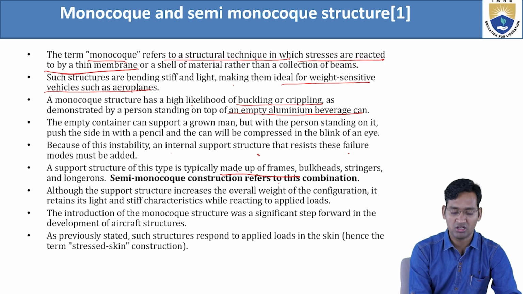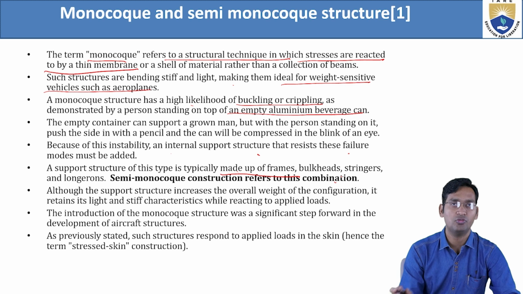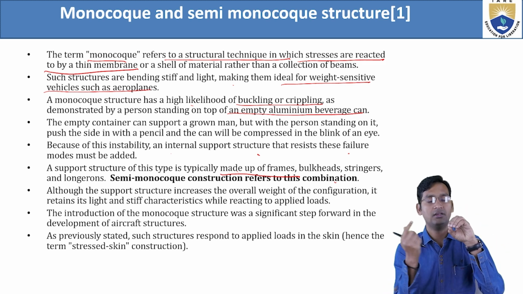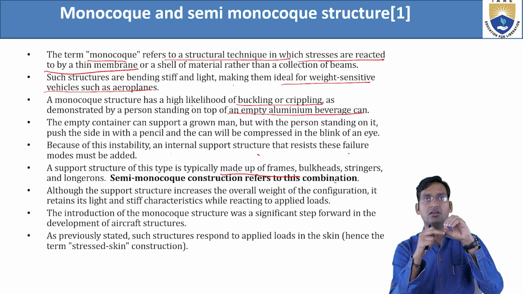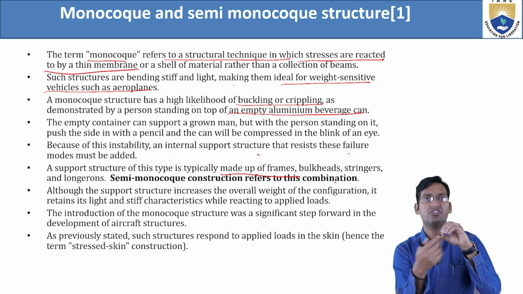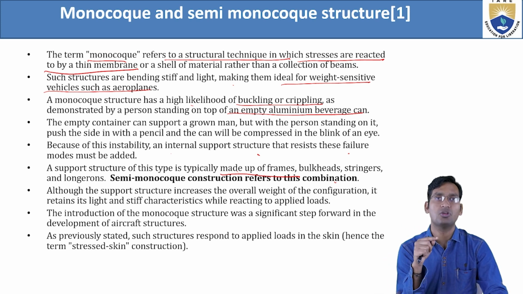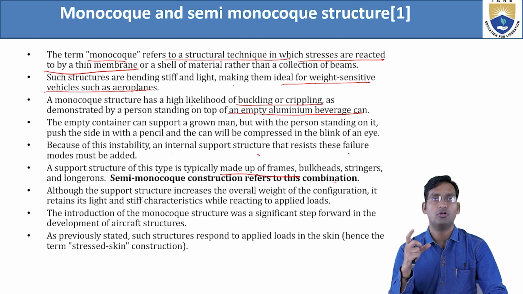Okay. Same, monocoque construction refers to this combination. Once these things are added, monocoque just follows this. Right now, just in between, add something to support this structure. Then that is called what? Semi-monocoque, because the whole thing is not monocoque; we added some support to prevent failure or compression.